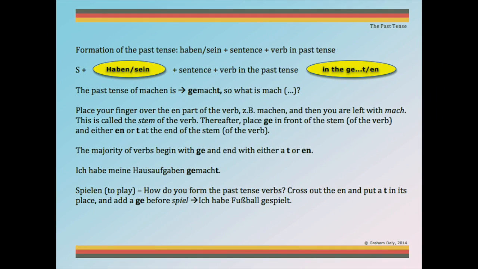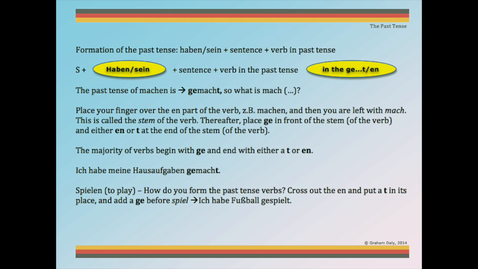Okay, so I want you to write down what I say now. To form the past tense in German, you will use either the haben list or the sein list. So you're writing haben or sein, haben/sein. Then you're having a plus sign.